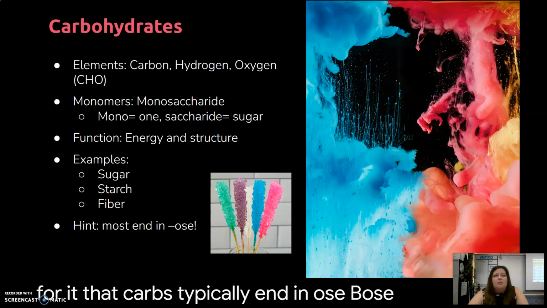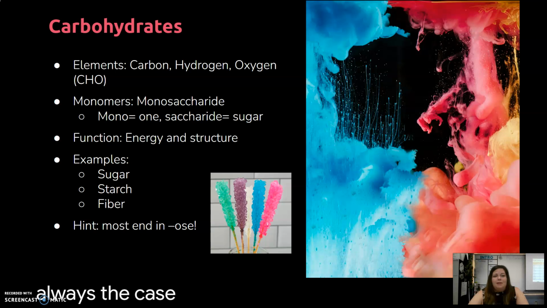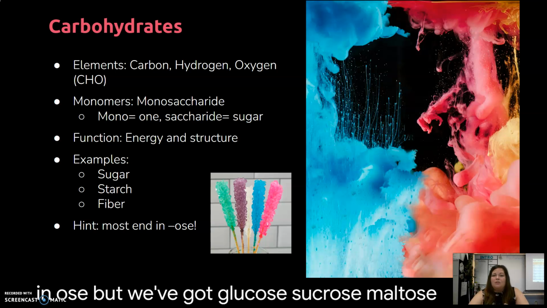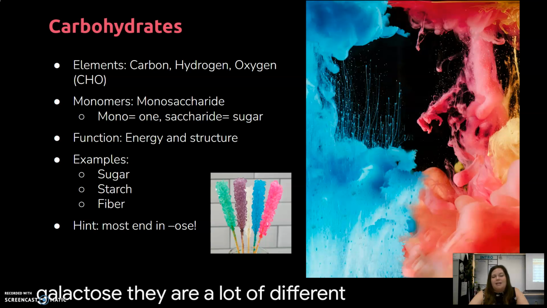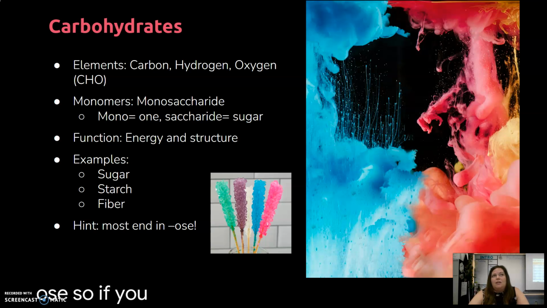That is not always the case because fiber and starch don't end in OSE, but we've got glucose, sucrose, maltose, lactose, galactose, a lot of different ones that end in OSE. So if you hear a word that ends in OSE, more than likely it's going to be a sugar.